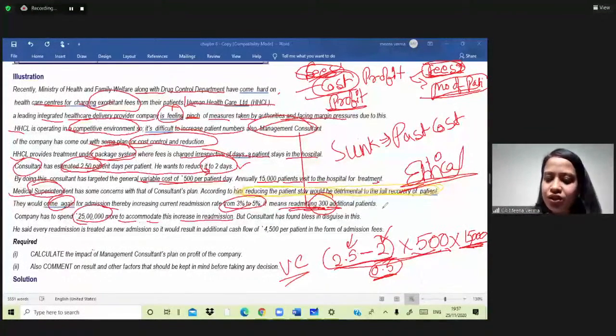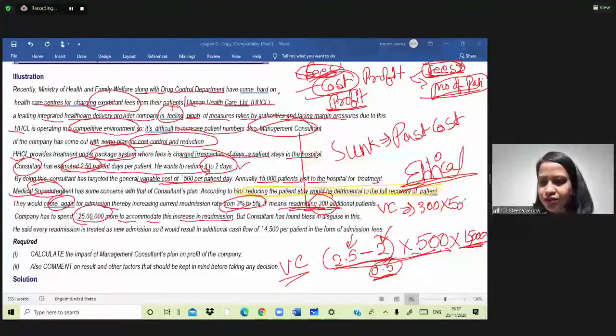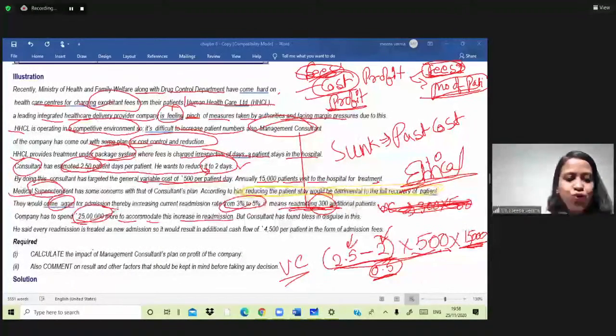On that you have to incur a cost. Sorry, this is not a variable cost. The company is incurring 25 lakh more expense to accommodate these additional patients, to handle this readmission.